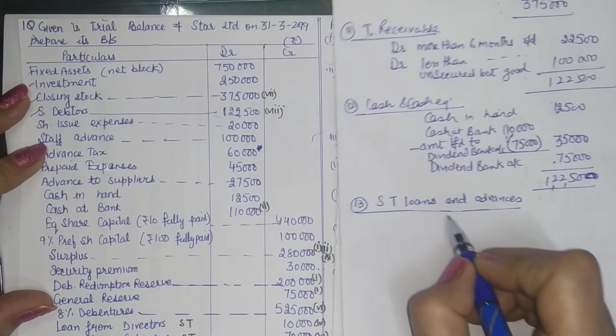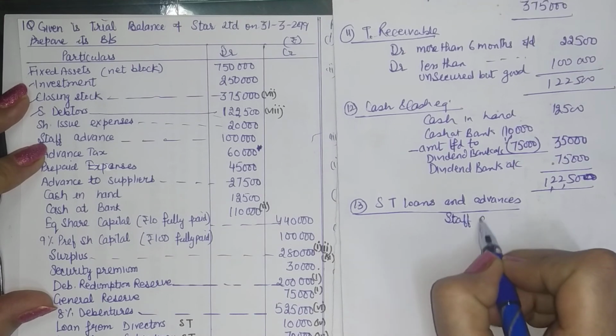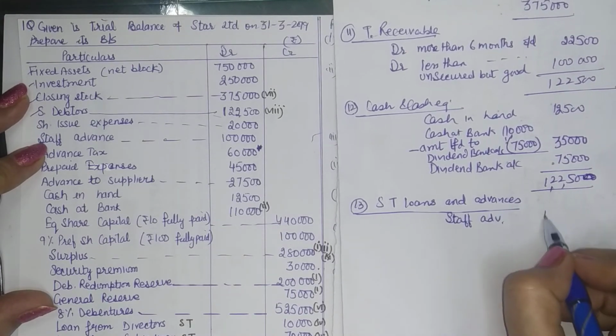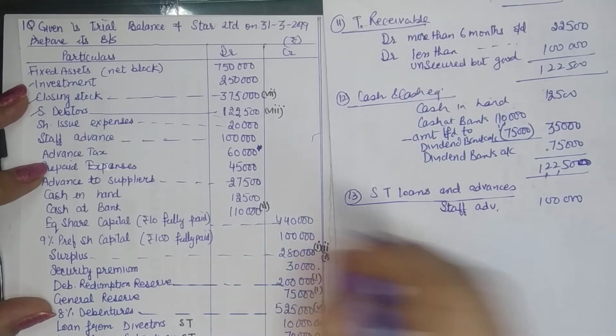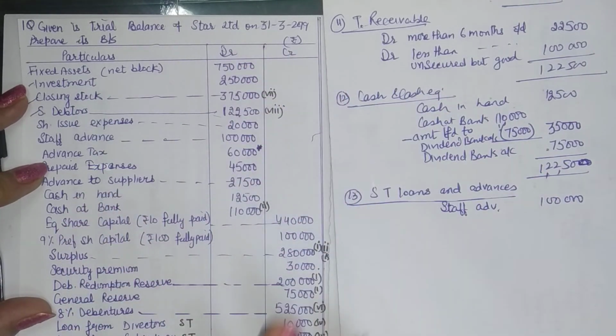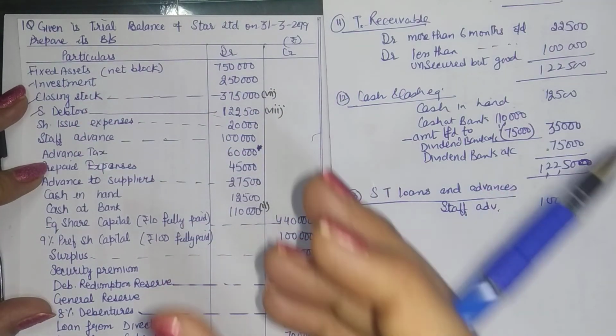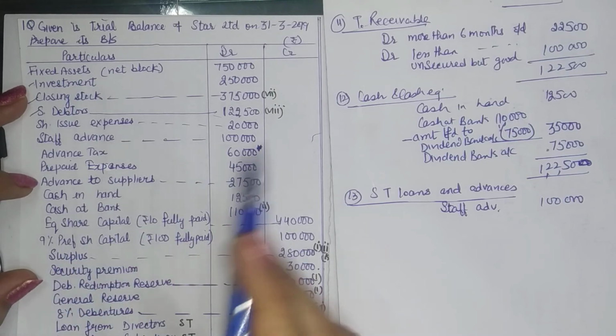So we have staff advance, 1 lakh. Then we have advance tax, but taxes are just against the provisions. We had some provision for taxes, the two were cancelled and the provision was left as a balance because that was more.